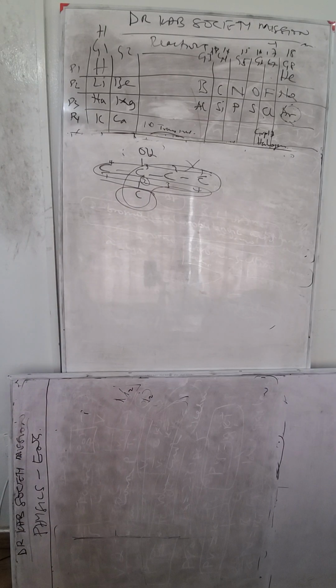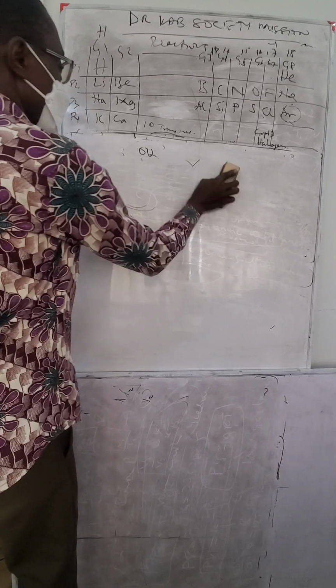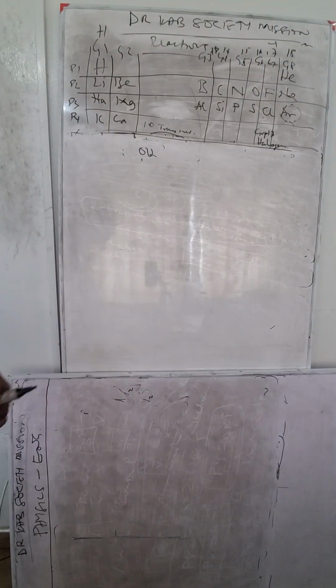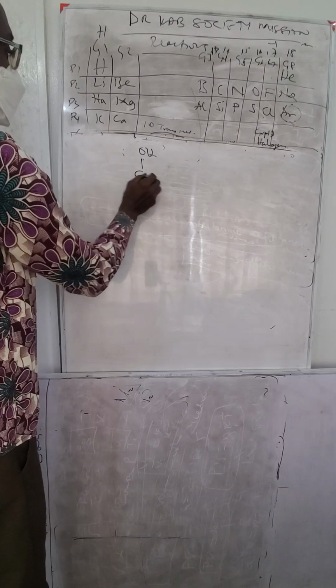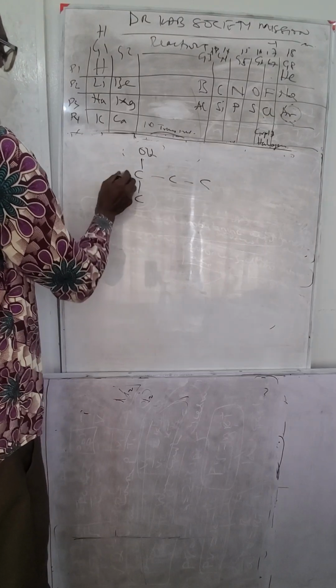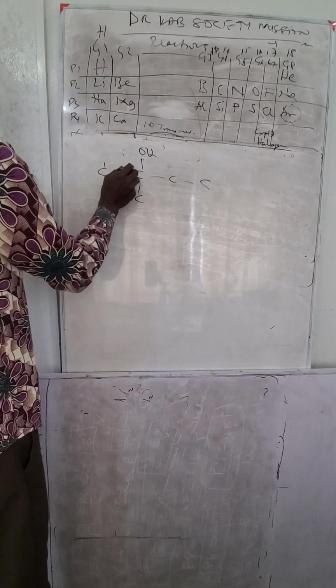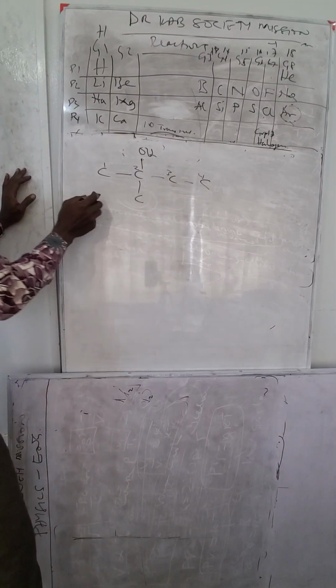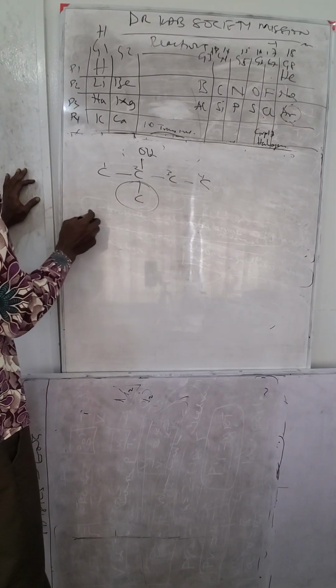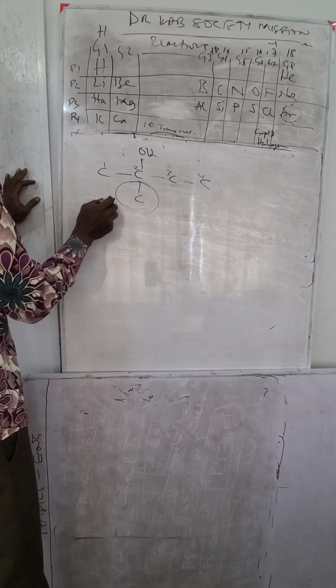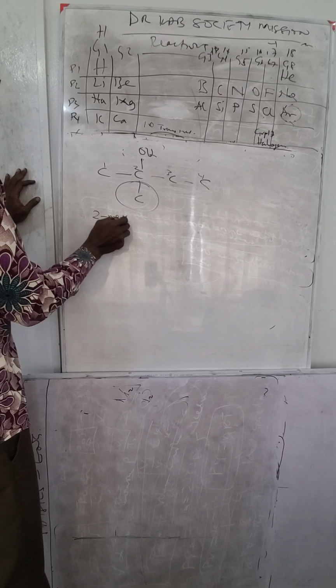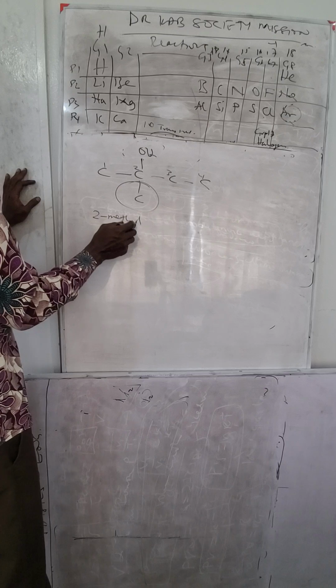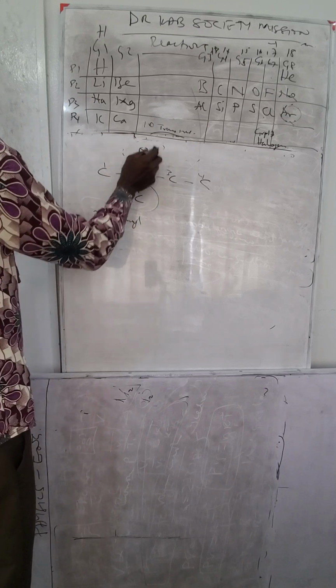So let me draw it properly. Here, C. So this is 1, 2, 3, 4. This is the substituent now. So we're going to get what? 2 methyl. This is a functional group, so it's not a substituent.